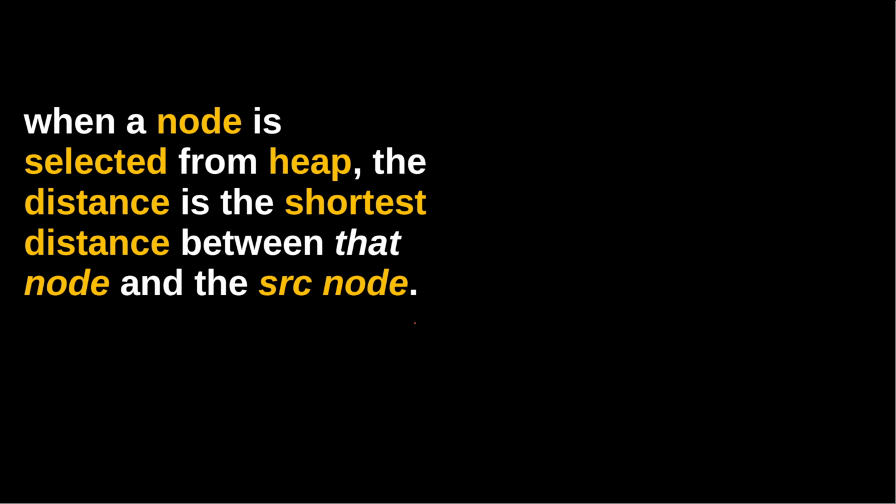When we select a node from the heap and we get the distance, that distance is the shortest distance between that node and the source node. Put it another way, for each node in the graph, when we establish the minimum distance and we update the minimum distance table, for each node, that update was done once and only once.